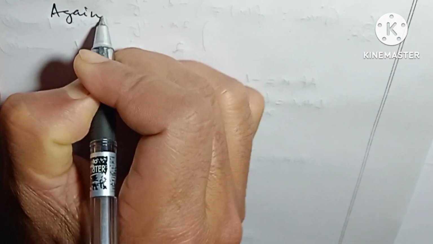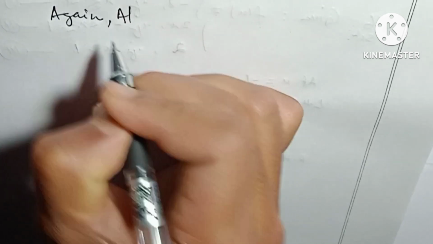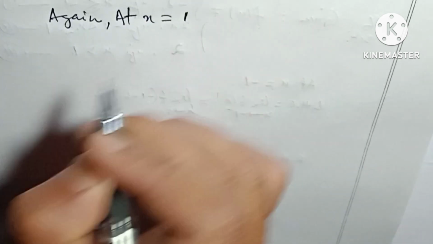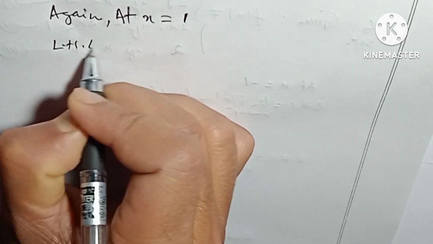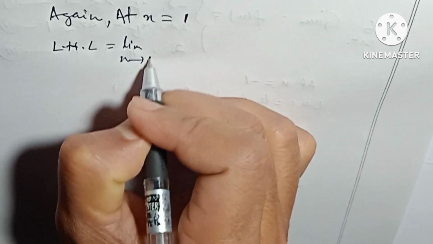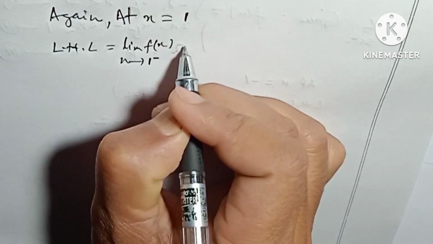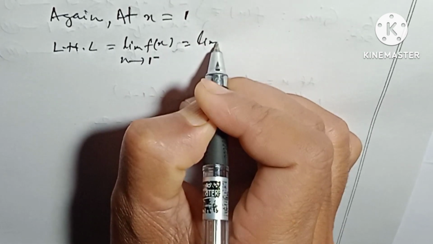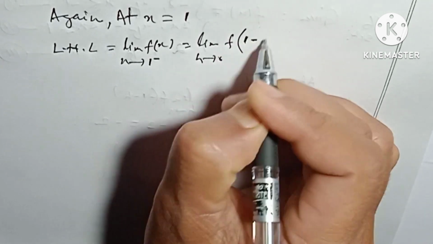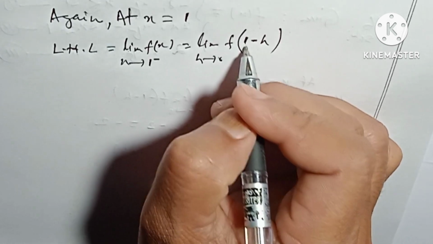Again, let us check the continuity at x equal to 1. Left hand limit equals limit as x approaches 1 from the left side of 1, f(x), which equals limit as h approaches 0 of f(1 minus h), that means the left side of 1, less than 1.